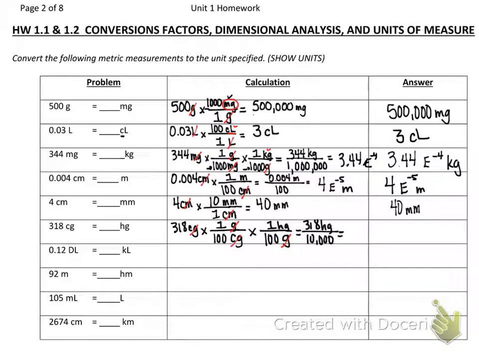So I still have to divide 318 by 10,000. And that's going to give me 0.0318 hectograms.